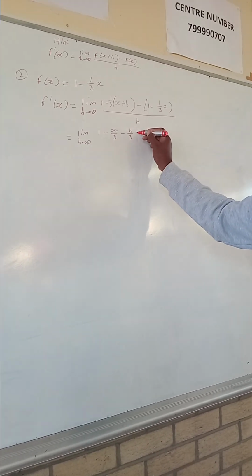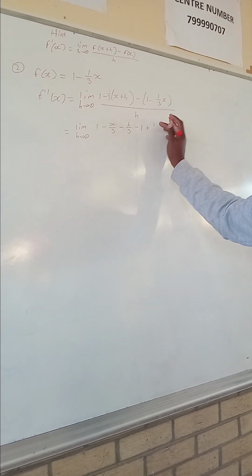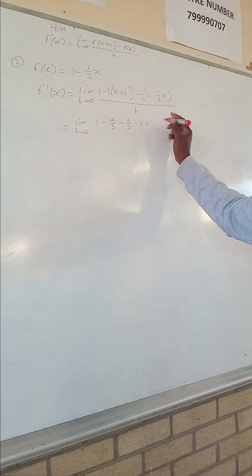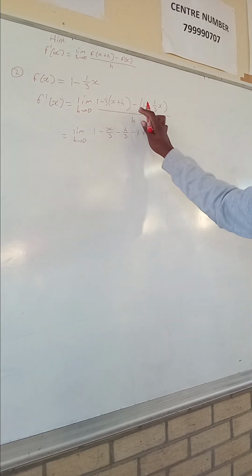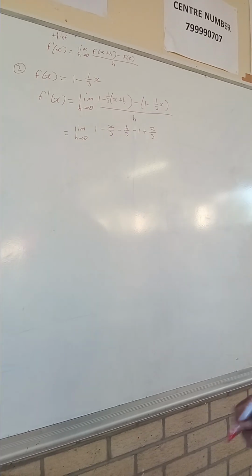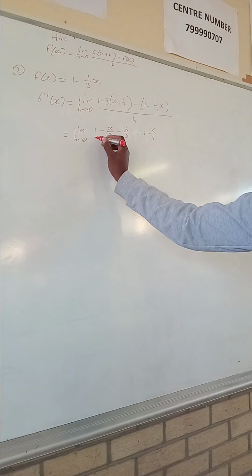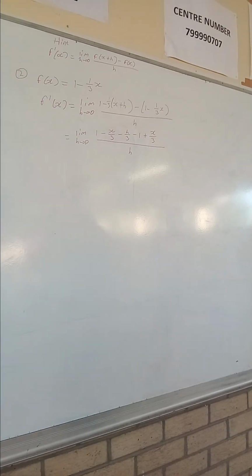This side we're going to have minus 1, then plus x divided by 3, because negative times negative is positive. Then just simplify, then we divide by h.